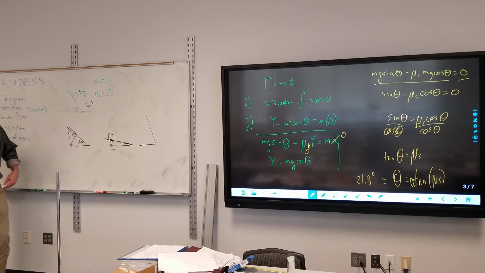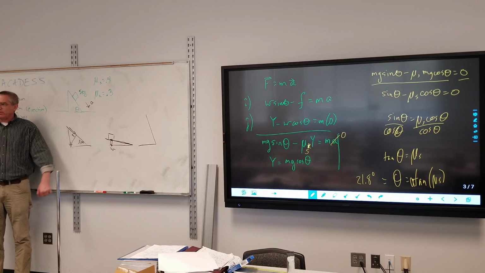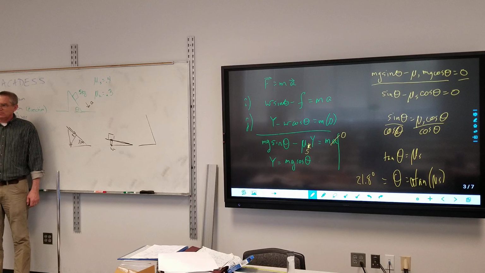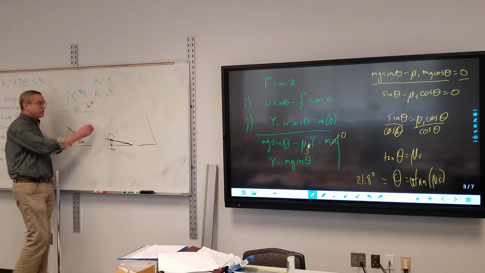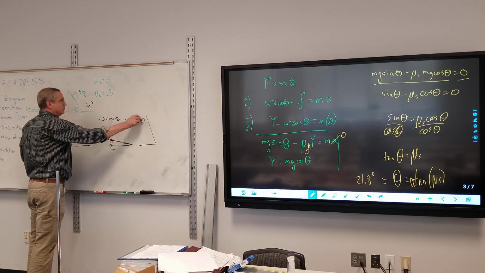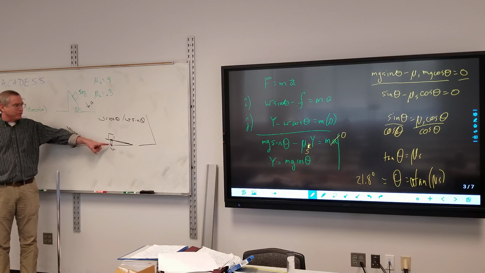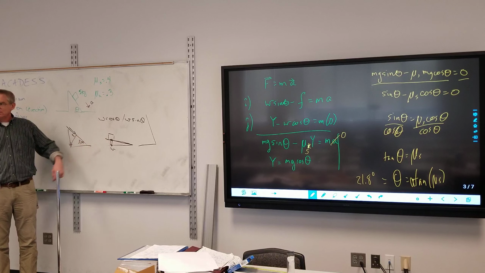Which one's bigger? The one into the ramp or the one down the ramp? Yeah. So I know one of them is W cosine theta and the other one's W sine theta. You pop them both into your calculators, the bigger one is into the ramp and the smaller one is down the ramp.